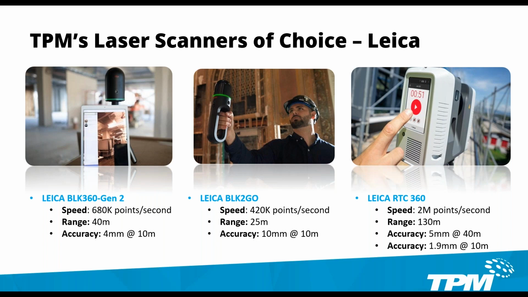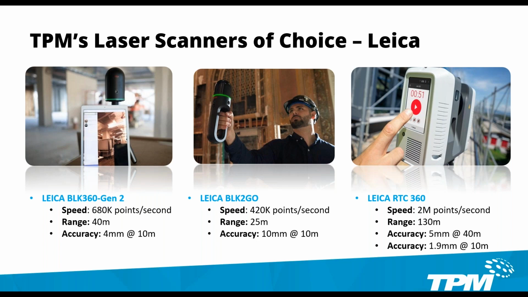Now, several years ago, when TPM was looking to update our scanner to get a faster, more modern scanner for our scanning services, we went out and we looked at all the scanners in the marketplace, and we just fell in love with the RTC 360. In fact, we fell in love with it so much that we became a Leica reseller because we just saw all the potential it brought to the table.